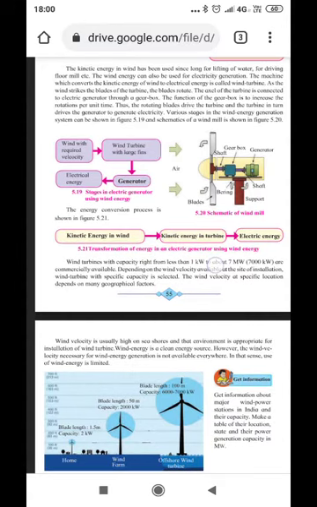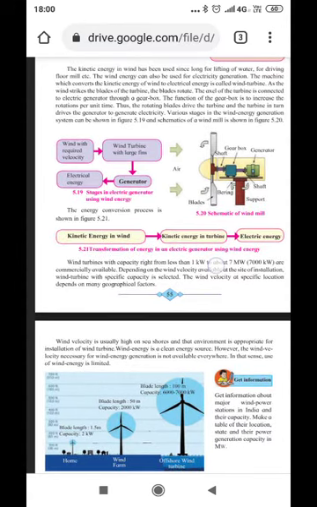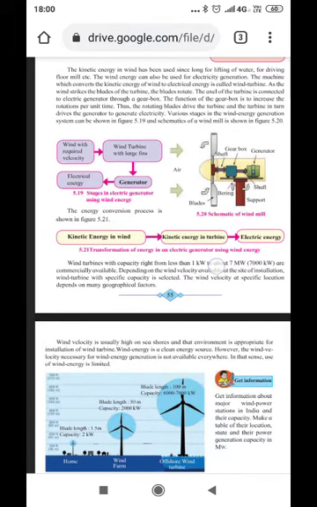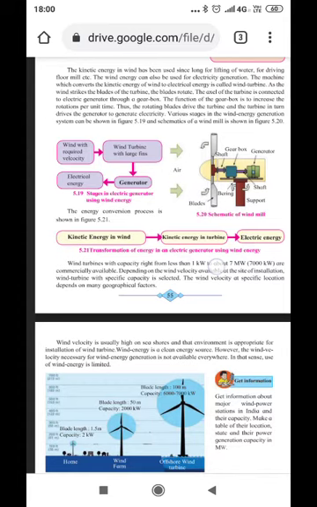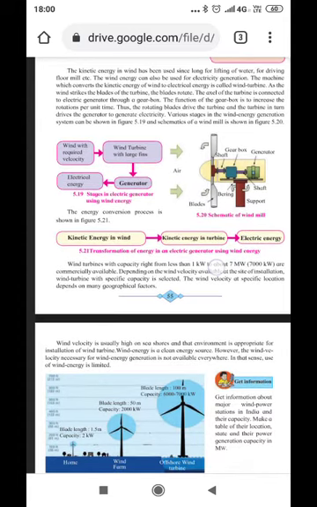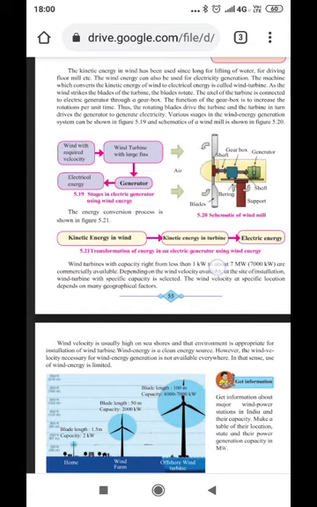As the wind strikes the blades of the turbine, the blades rotate and the axle of the turbine is connected to the electric generator through a gearbox. The function of the gearbox is to increase the rotation per unit time. Thus, the rotating blades drive the turbine, and the turbine in turn drives the generator to generate electricity.